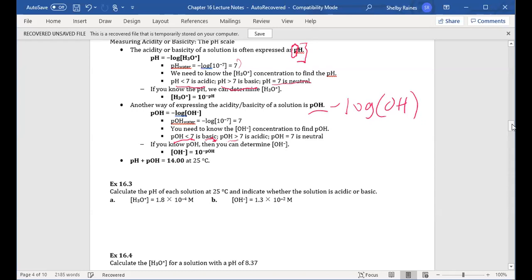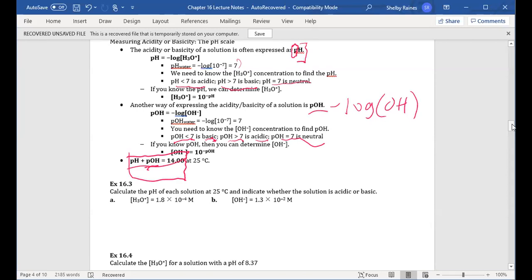If your pOH is greater than 7, it's acidic. If it's equal, it is neutral. But again, I'd rather just take my pOH, plug it into this formula, and solve for my pH, because that's what I'm used to. So that brings us to our next point. pH plus pOH should always be 14. So if you have your pOH and want to find pH, just plug it into this formula.